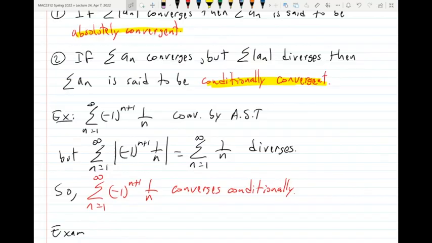That's why I told you to take a page and write down all the theorems that we are saying so that you know them, and then you know what to use depending on the problem. Because when I give you a series, I'm not going to tell you to use this test or this theorem. Just like when you have an integral, you need to decide what technique you use to solve it. I'm not going to tell you do it by parts or trig substitution.